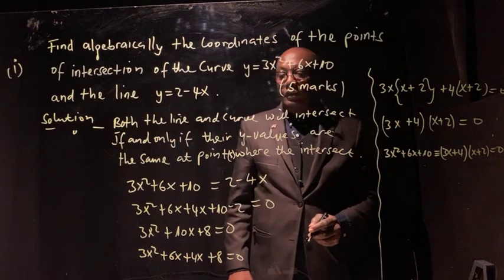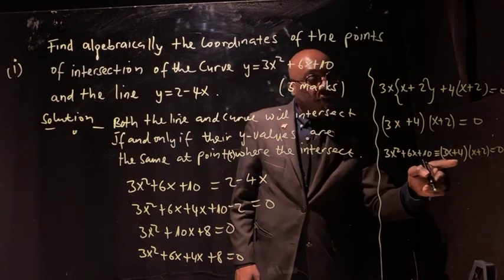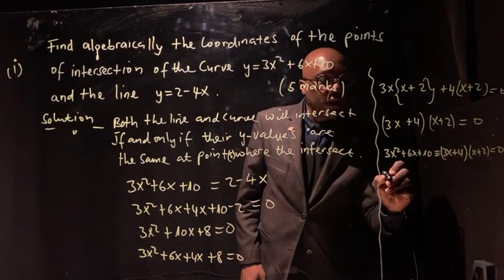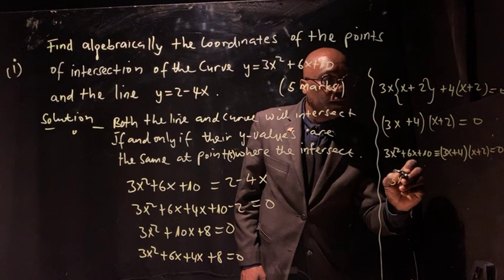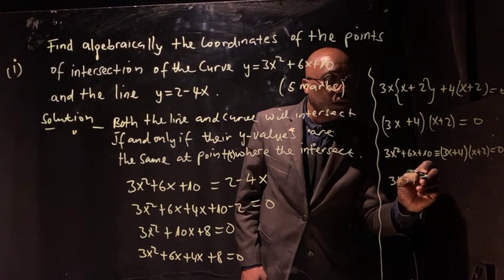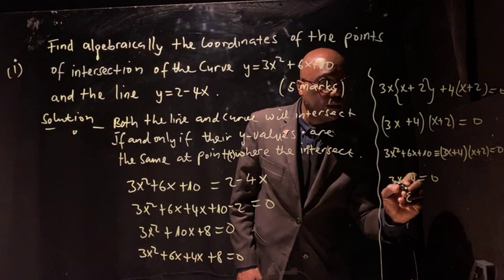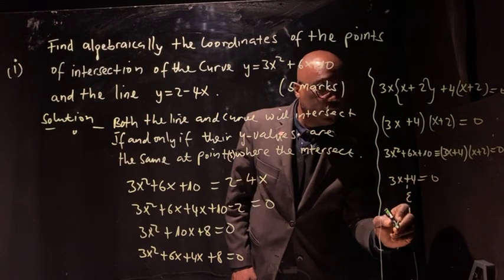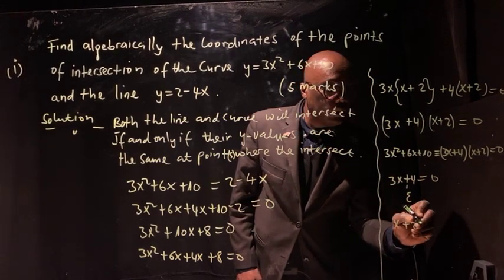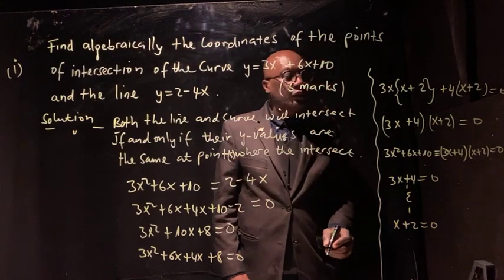Now, it indicates that 3x plus 4 equals 0 and x plus 2 equals 0.